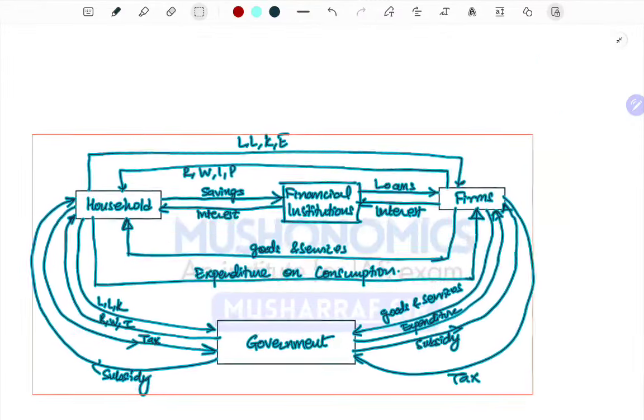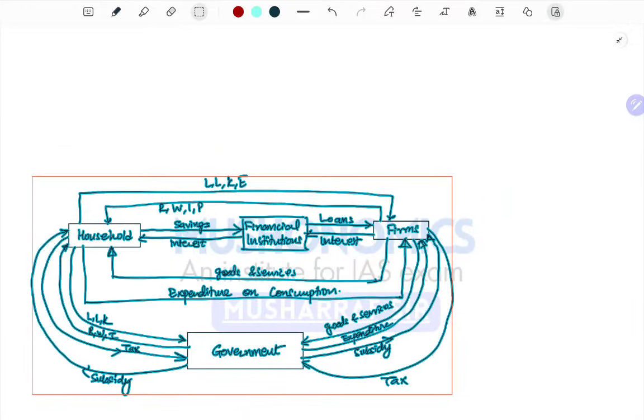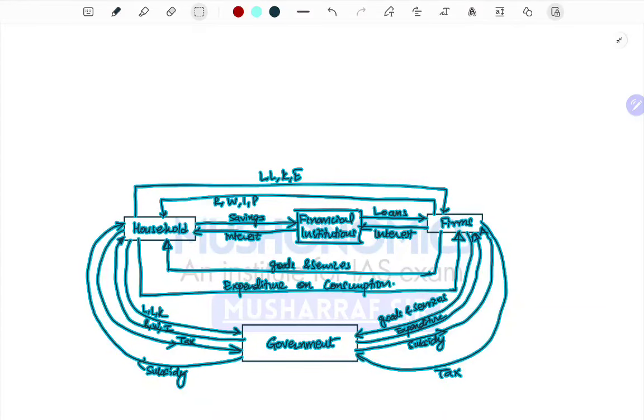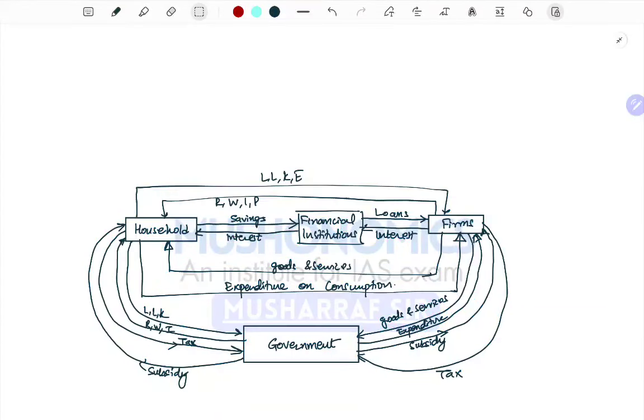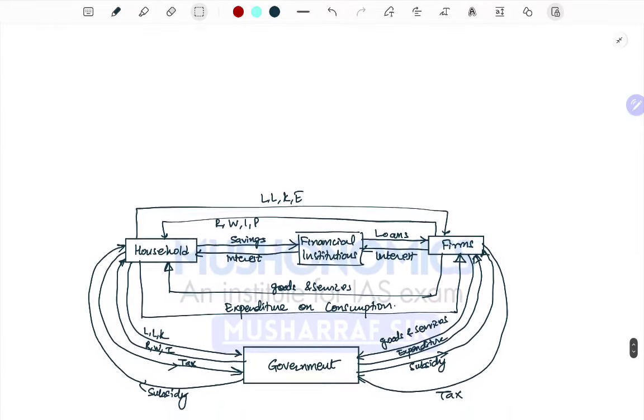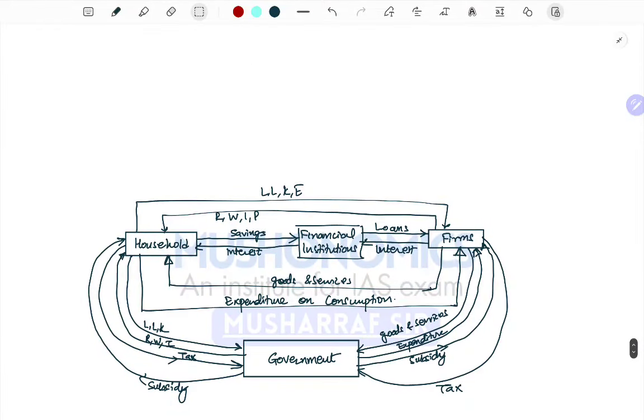Everything will remain the same. We will be introducing one more sector here, and that particular sector will be known as external sector, or foreign countries.